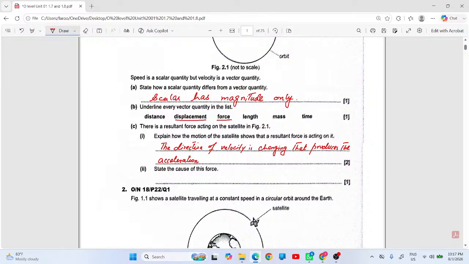Therefore the resultant force will act on the satellite. Therefore, the resultant force acts on the satellite.